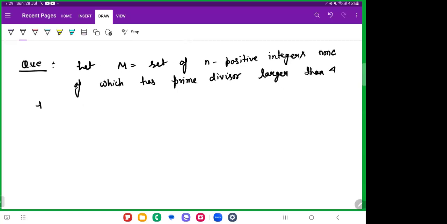Then M has two distinct elements whose product is a perfect square.